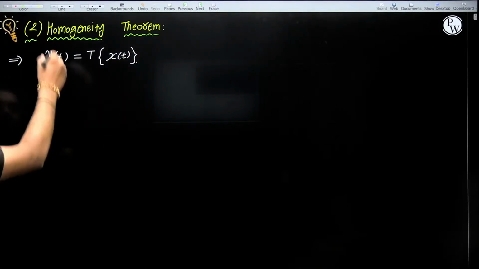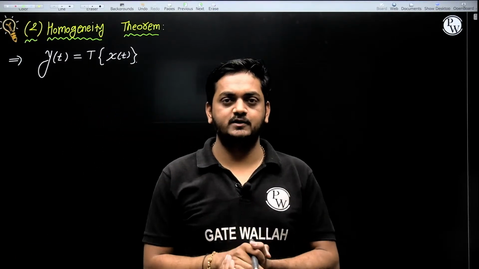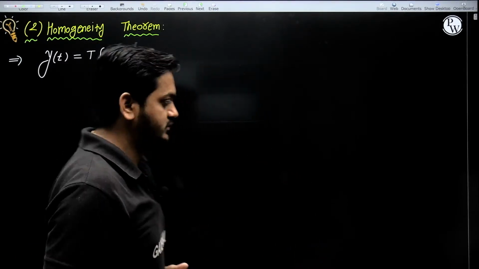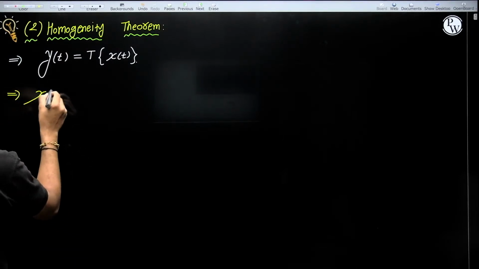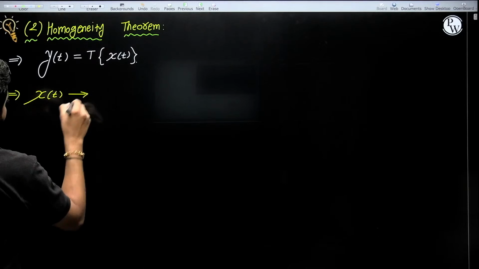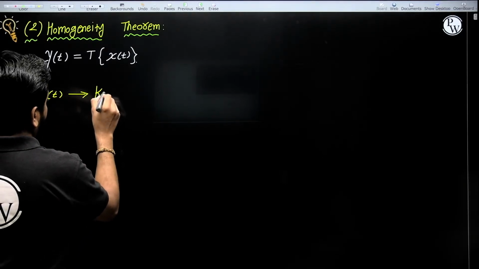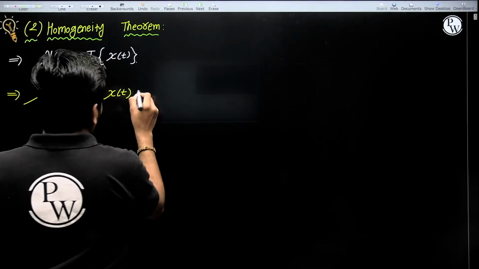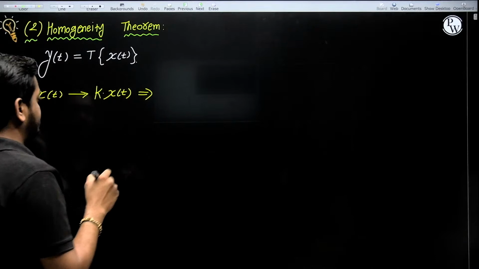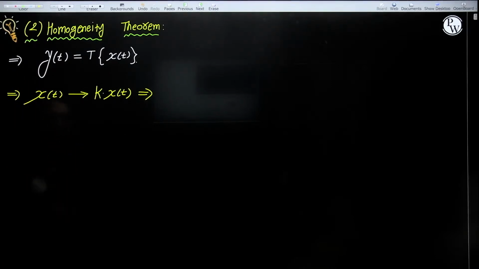First, find the response due to scaled input, that is, x of t with amplitude scaling. Let us take scaling factor k and replace x of t with k times x of t, and find the response due to this scaled input.